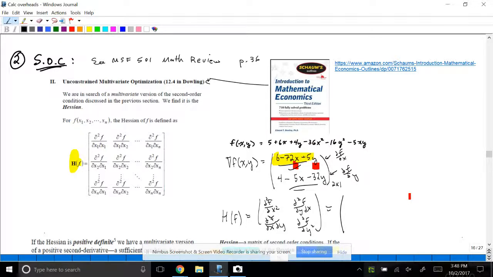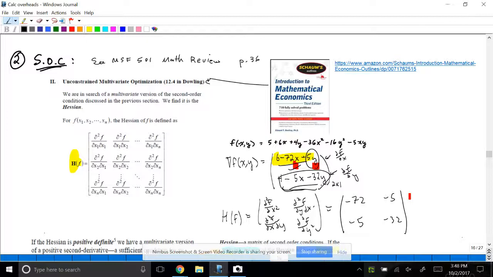All right, so we have the derivative of this yellow line with respect to x is going to be negative 72. The derivative of this yellow line with respect to y is negative 5. The derivative of the second row with respect to x is going to be negative 5. And the derivative of the second row with respect to y is negative 32.